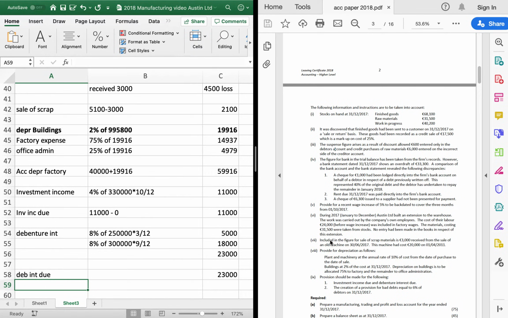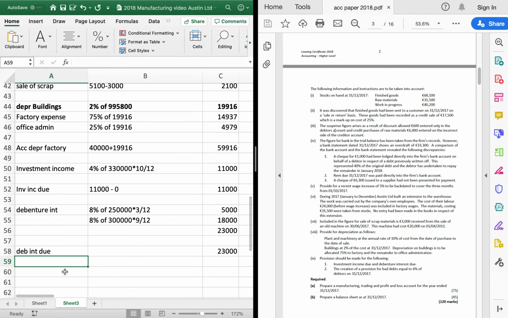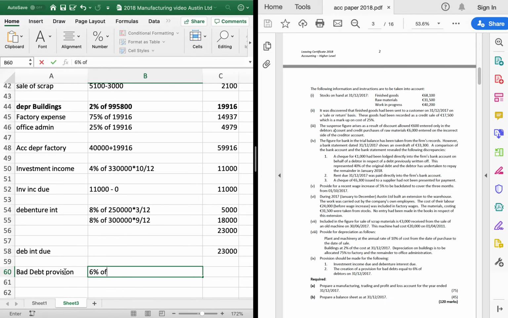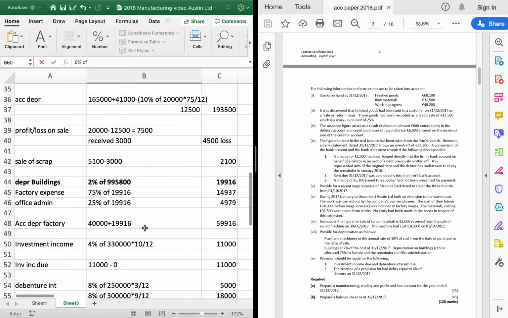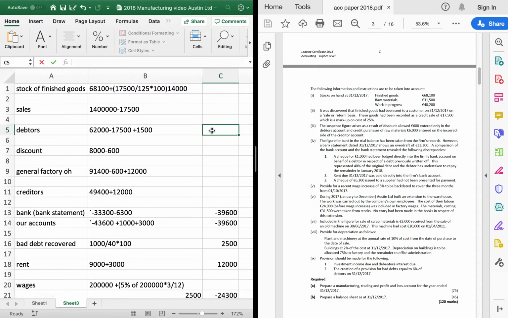Last thing is the creation of a provision for bad debts equal to 6% of debtors. So bad debt provision, 6% of our new debtors figure. So debtors has changed, I think. Yeah.